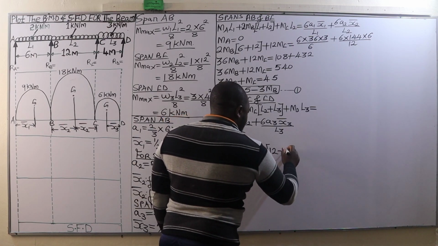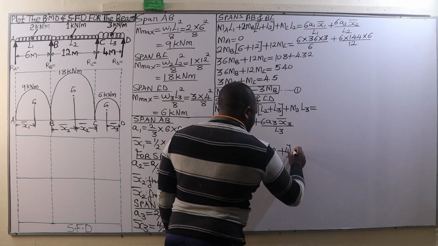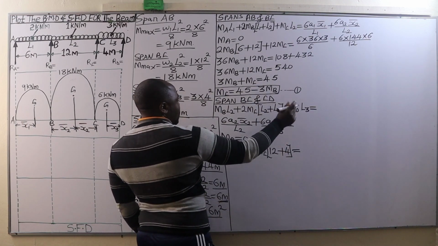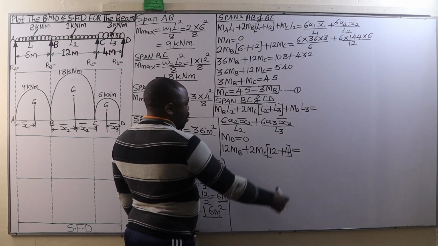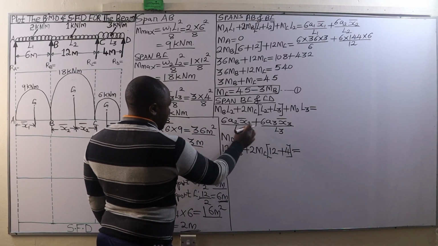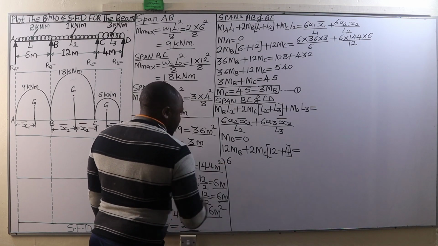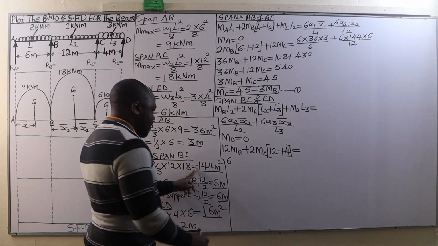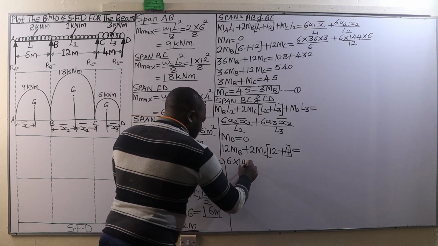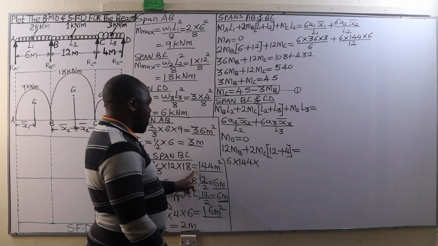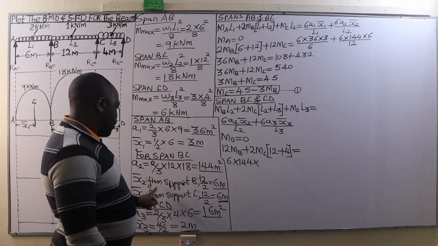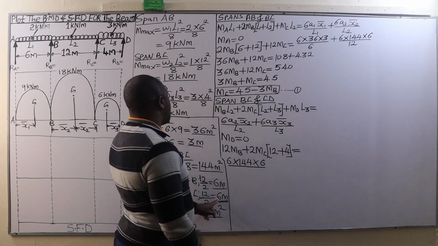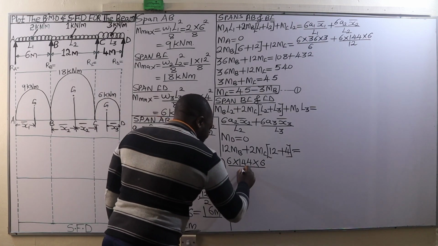L3 is 4 meters. Plus MD L3, and MD is 0. Therefore, this is equal to, let me write these values down here, 6A2, and A2 is 144 square meters. Therefore, 6 multiplied by 144 multiplied by x2, that is 6 meters. Then we divide this by L2, which is 12 meters.